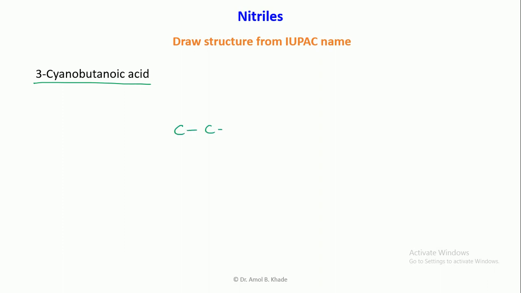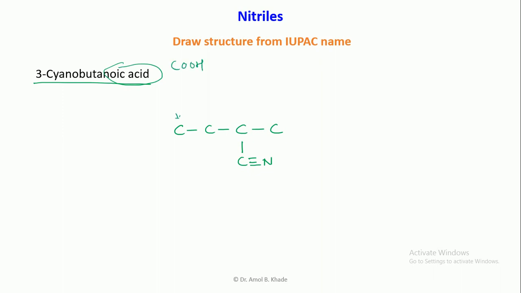That means you can draw the 4-carbon skeleton. Then at carbon 3 we have a cyano. So nitrile is present here as a substituent, so you can attach a cyano at carbon 3. Where can you attach the other functionality? It is oic acid. That means definitely there is a carboxylic acid.